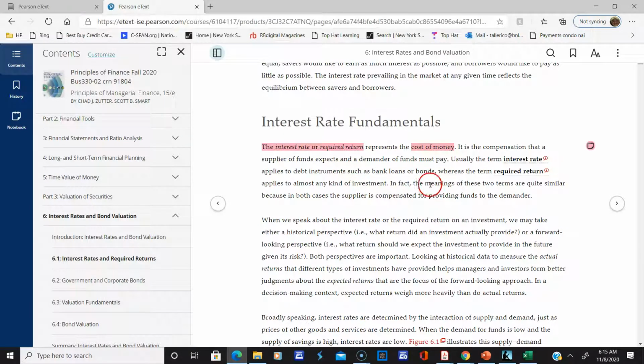But you can see what it says here: the meanings of these two terms are quite similar, because in both cases, the supplier is compensated for providing funds to the demander. Okay, so basically, this is interest rates.